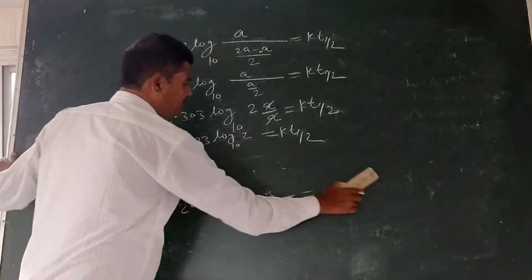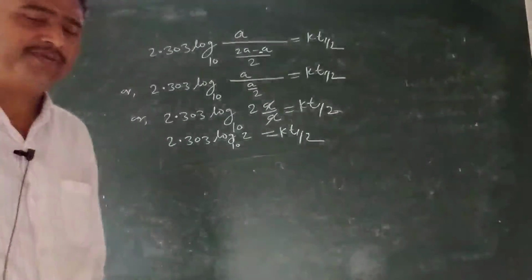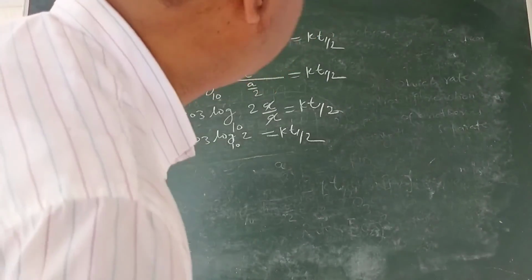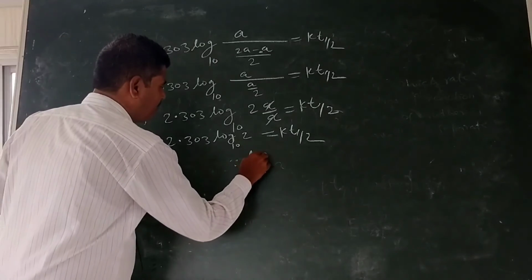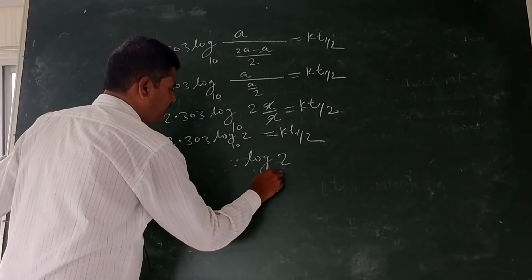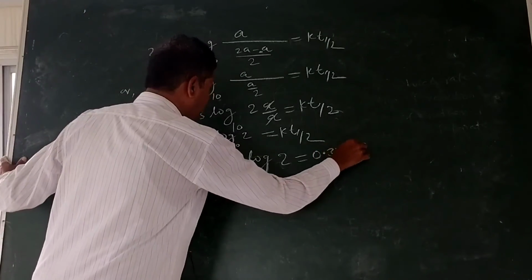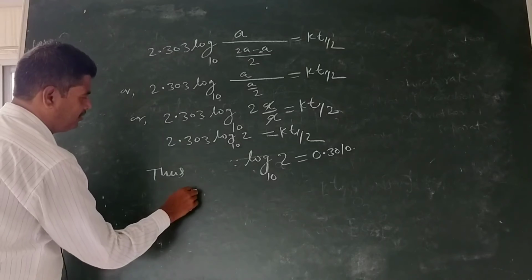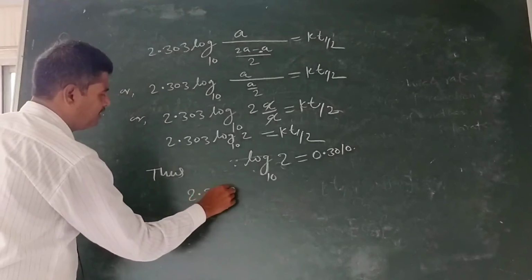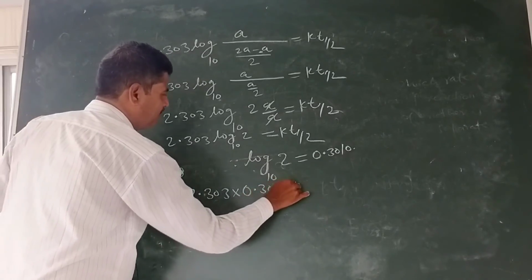The log 2 on the base 10 is equal to 0.3010. Log 2 on the base 10 has the value 0.3010. Thus 2.303 into 0.3010 is equal to k t half.